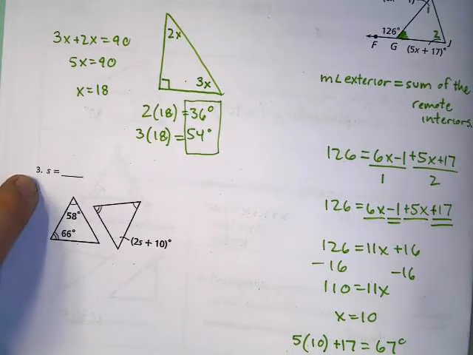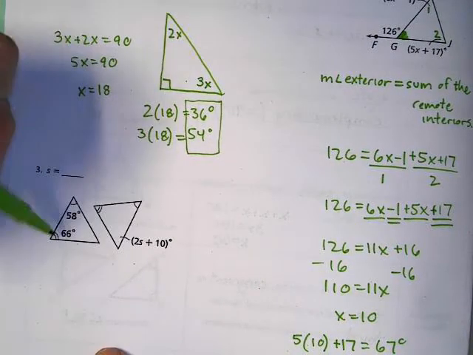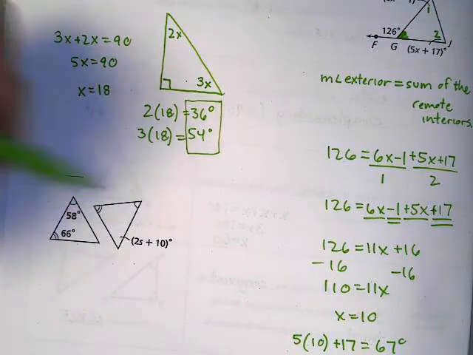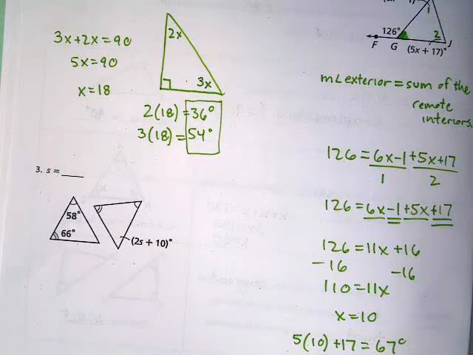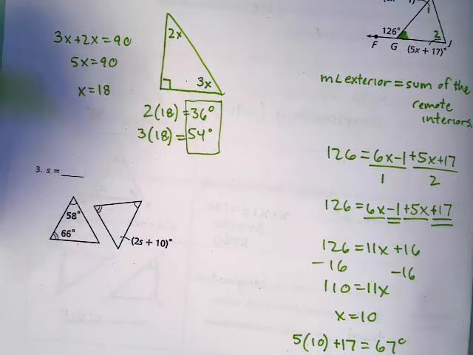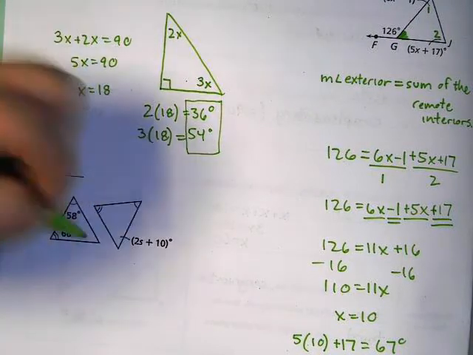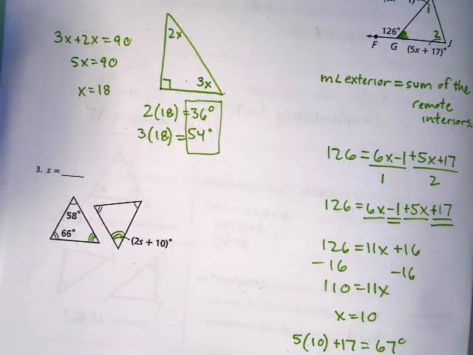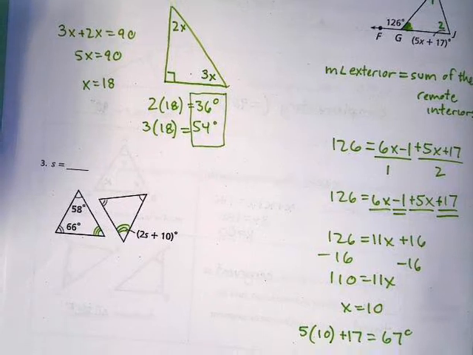Number 3. If you notice, I'm giving you information about 2 angles in each, right? So this is one where if I have two angles that are congruent to 2 angles in the other triangle, well then there's no choice but for the third pair to also be congruent. Okay?